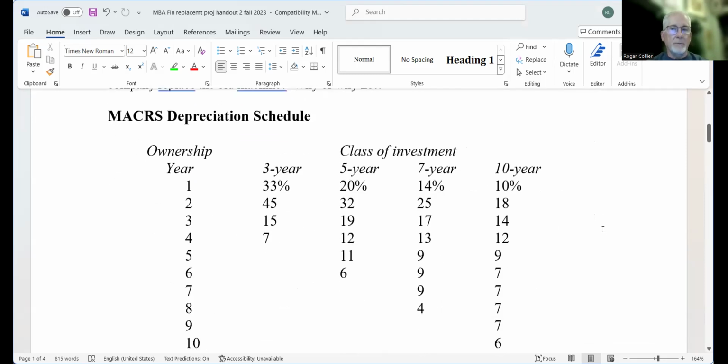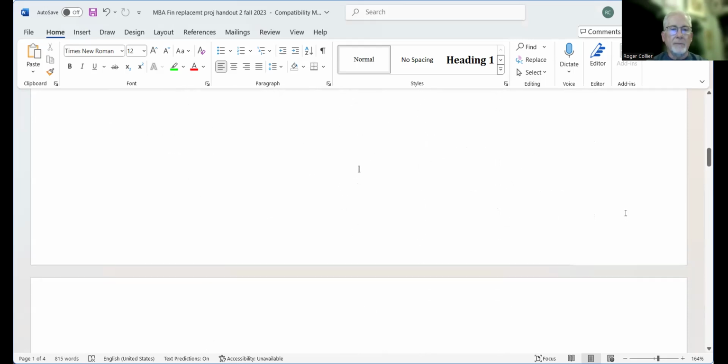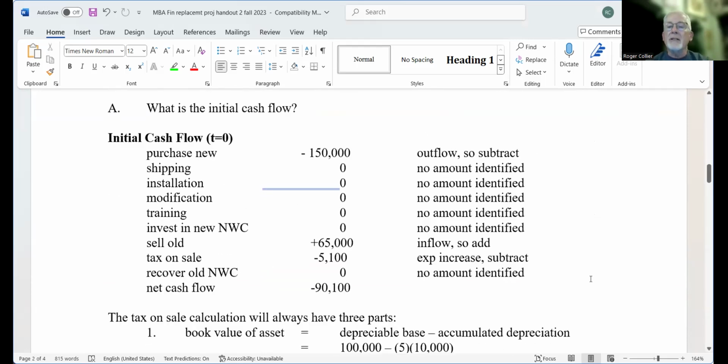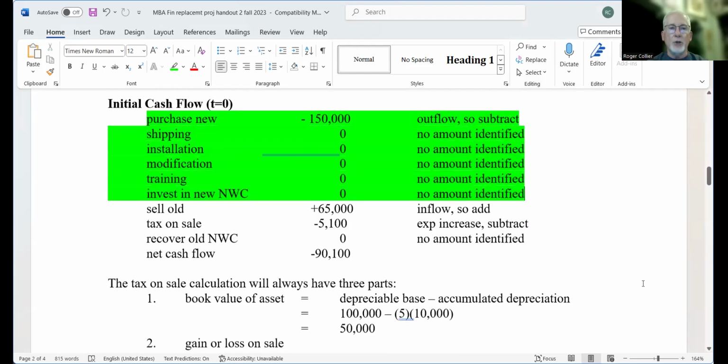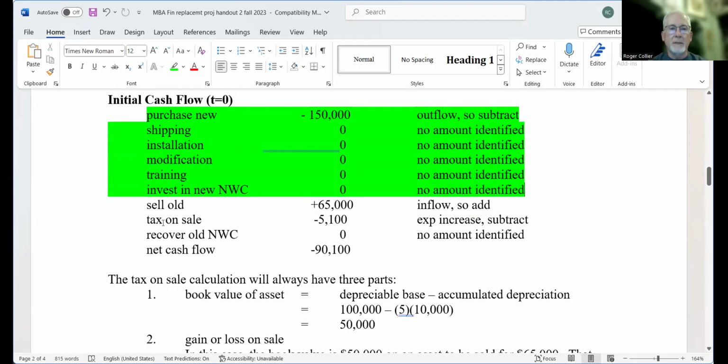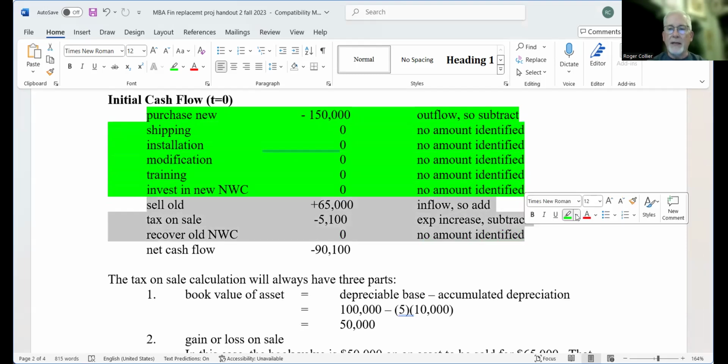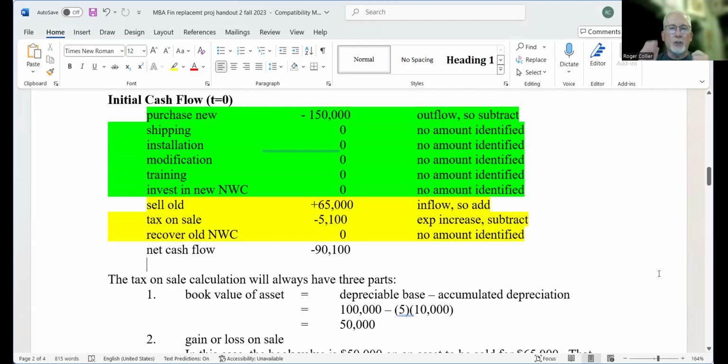Here's the table. We're going to use the 3 year column. And here is our table for the initial cash flow. Remember, the first six have to do with the new machine. The next three have to do with the old machine. Be sure and keep this straight in your head.